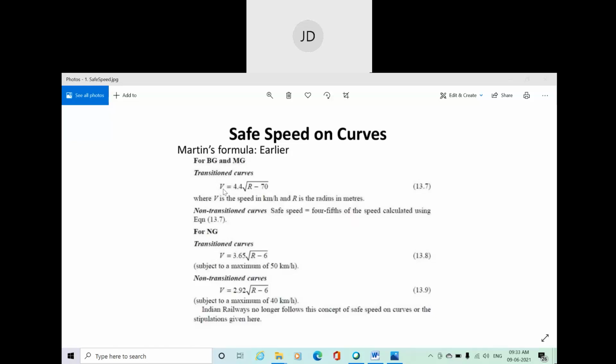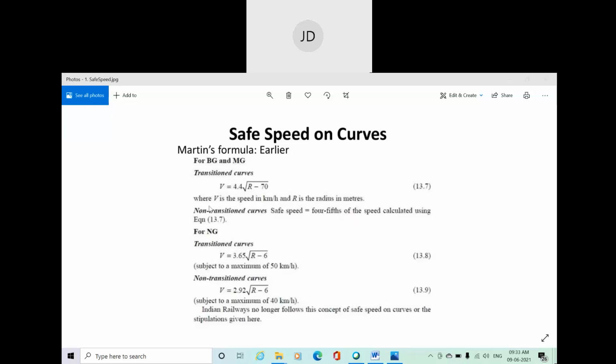And what is the formula? V is equal to 4.4 root over R minus 70, where V is your speed in kilometer per hour and R is the radius in meter. This unit is also very important: V is in kilometer per hour and radius is in meter.